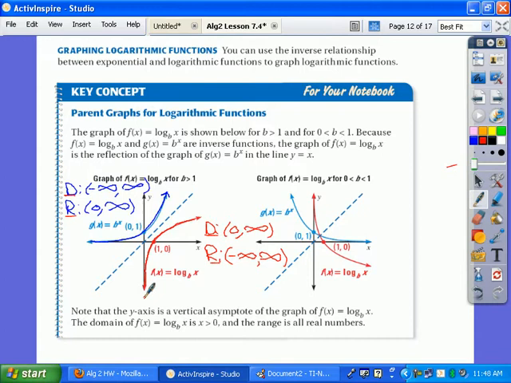Now, this is if the b value is greater than 1. If the b value is between 0 and 1, we'll get a graph that looks like this.